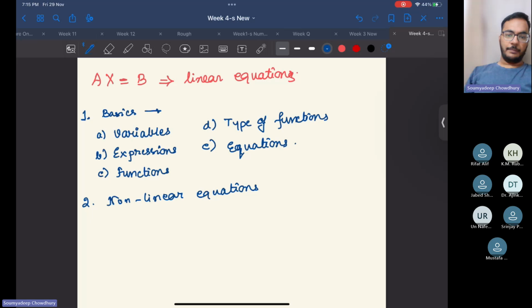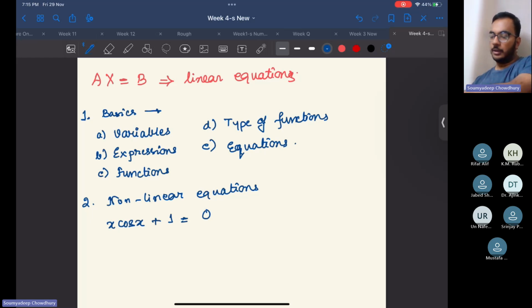So I'm giving you an example for non-linear equations. Suppose we have an equation x cos x plus 1 equals 0. This type of equation is not possible to be solved by any analytical technique. Either you have to use a graphical approach or you have to use a numerical technique. So we'll discuss that.